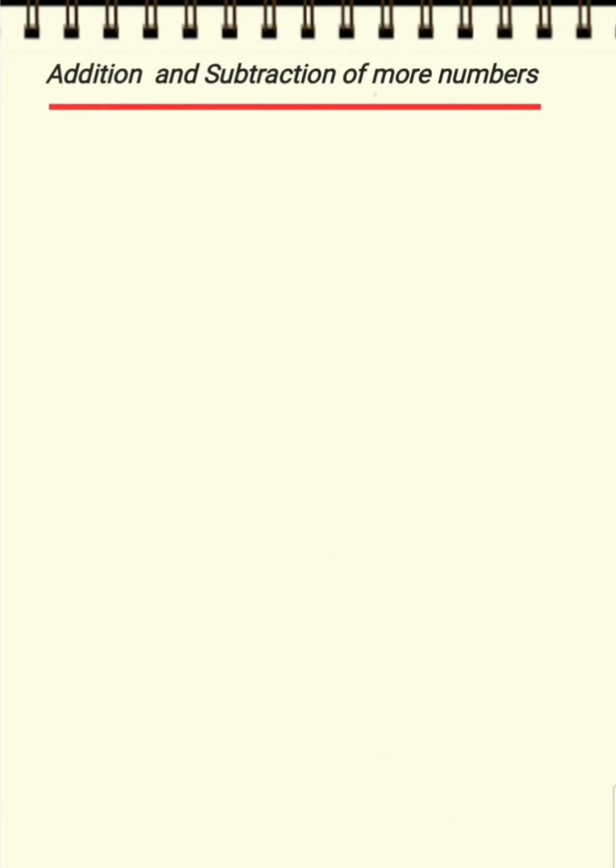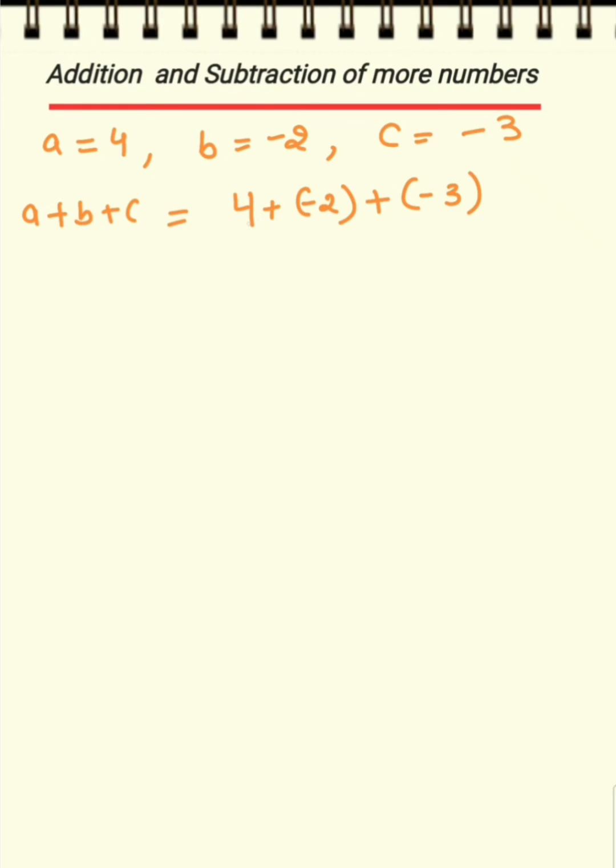Now the addition and subtraction of more numbers. Let's take a equal to 4, b negative 2, c negative 3. Then addition of these three numbers, a plus b plus c is equal to 4 plus negative 2 plus negative 3. So here what we have to do, we have to multiply this plus with this negative. If we multiply plus with negative, we will get a negative result, that we know.